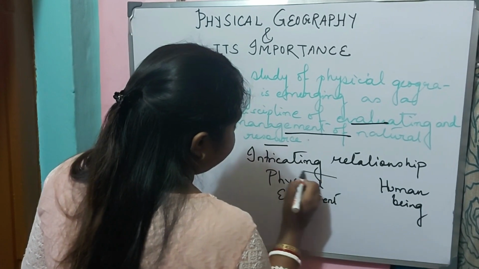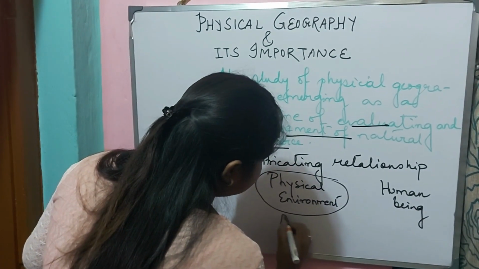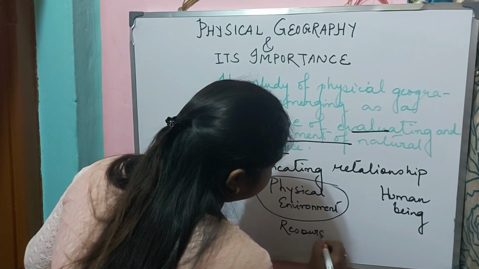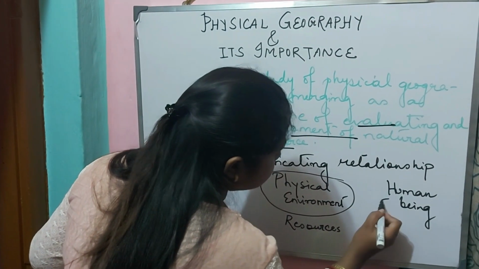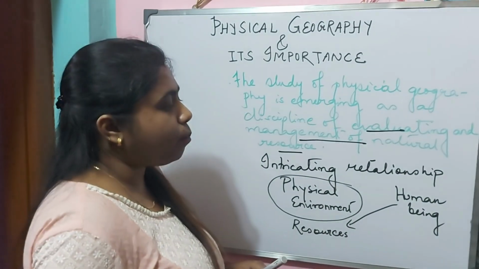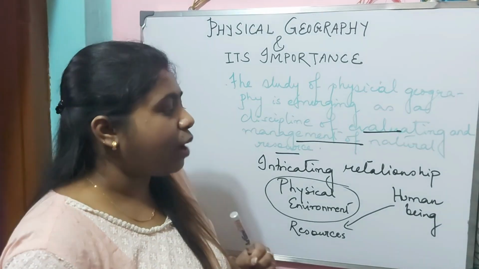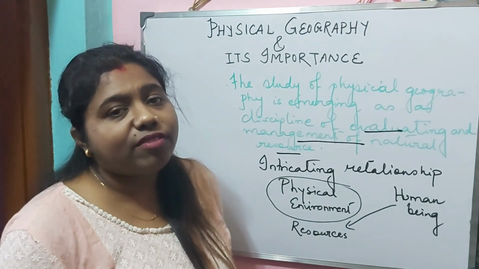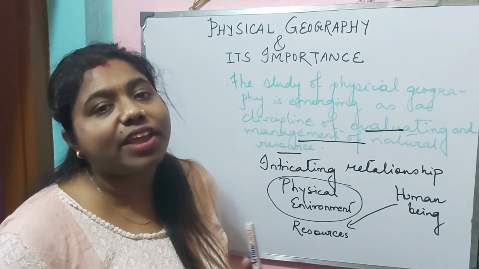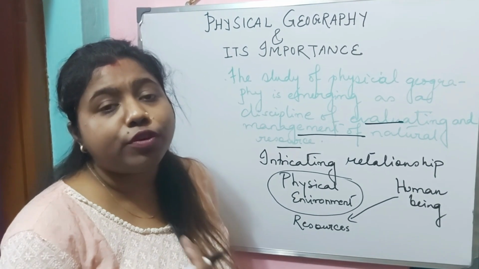Now, physical environment provides us with the base and with resources. This base and the natural resources are utilized by human beings for their economic and cultural development. But as our technology is developing, it has accelerated the pace of utilization of resources.